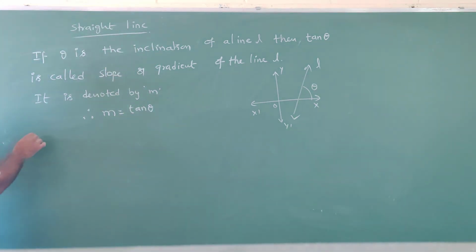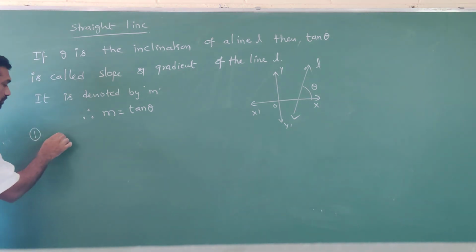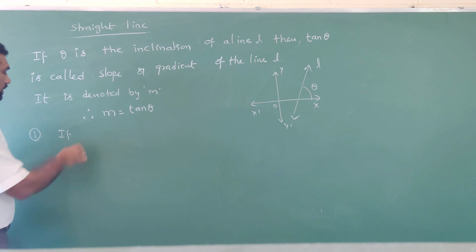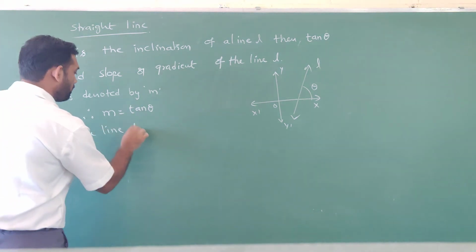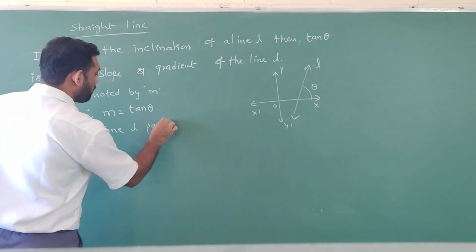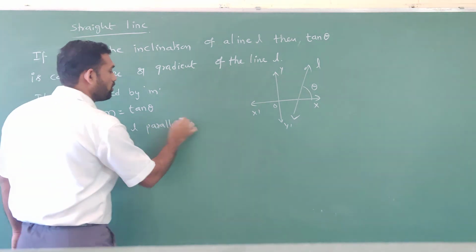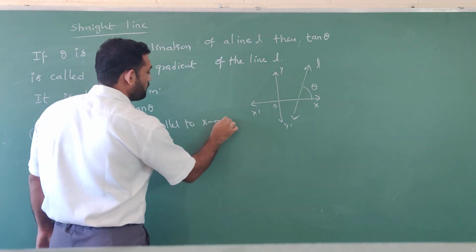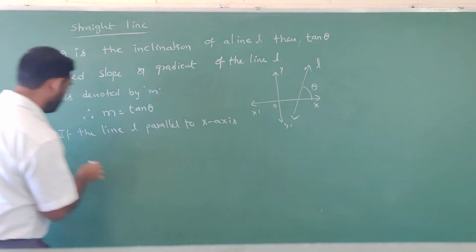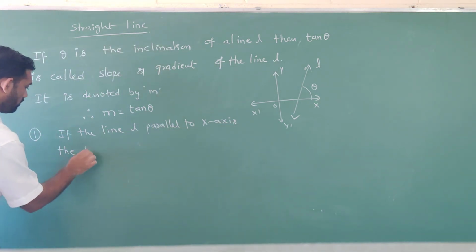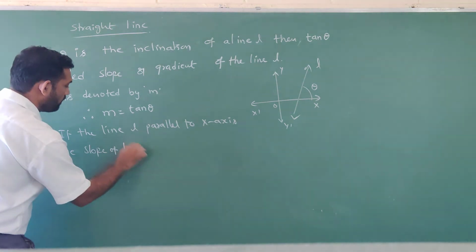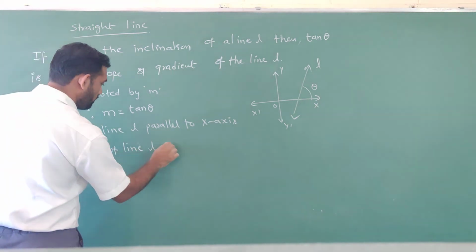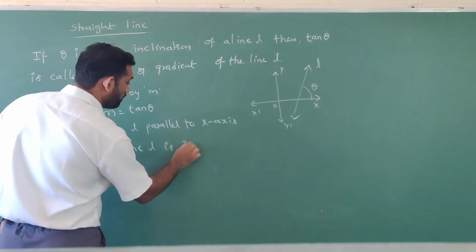On some points: if the line L is parallel to x-axis, then the slope of line L is 0.